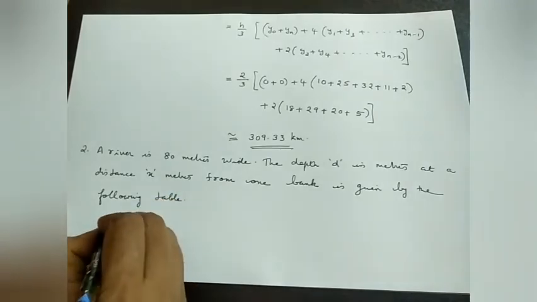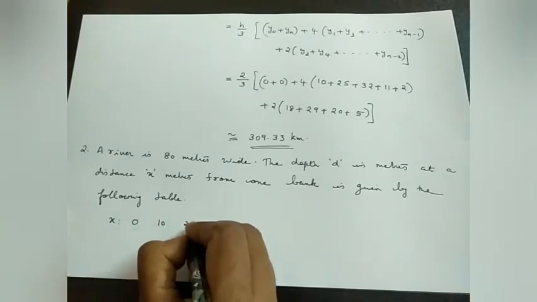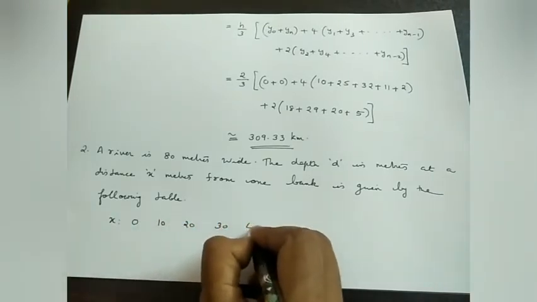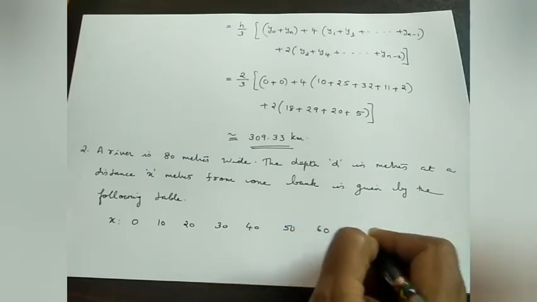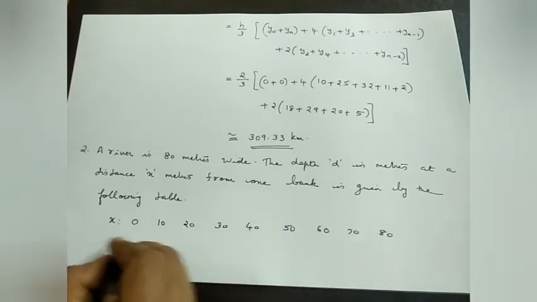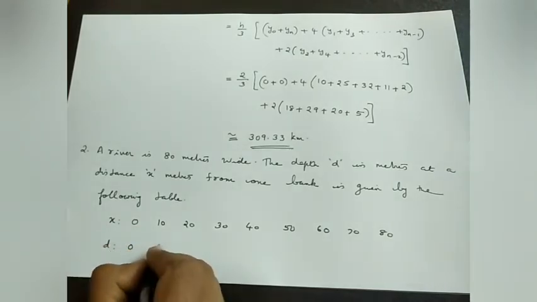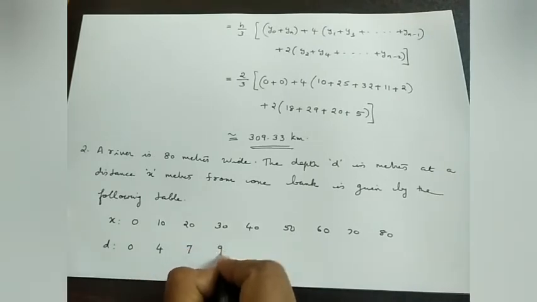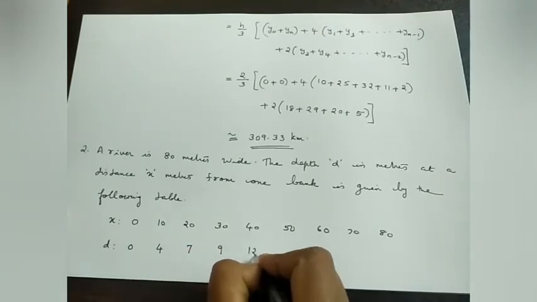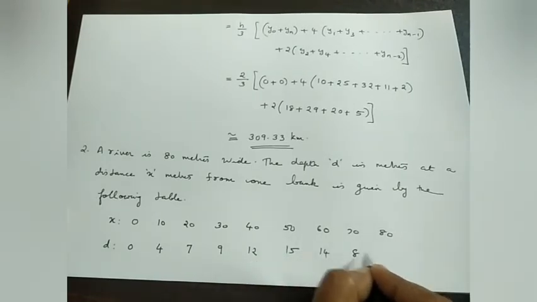Here the values of x are given: 0, 10, 20, 30, 40, 50, 60, 70, 80, and the corresponding values of d, that is f of x, are 0, 4, 7, 9, 12, 15, 14, 8, 3.